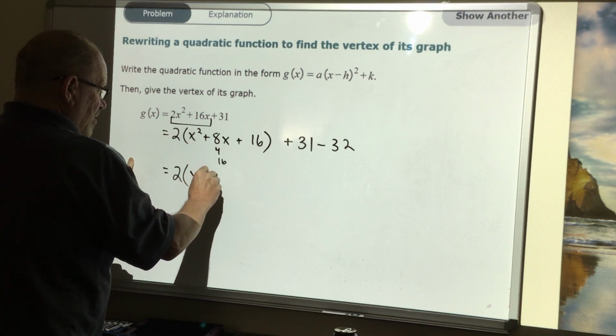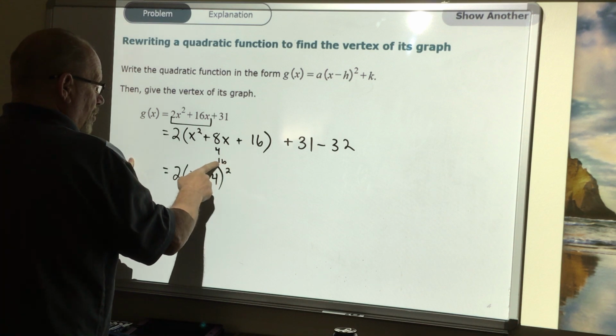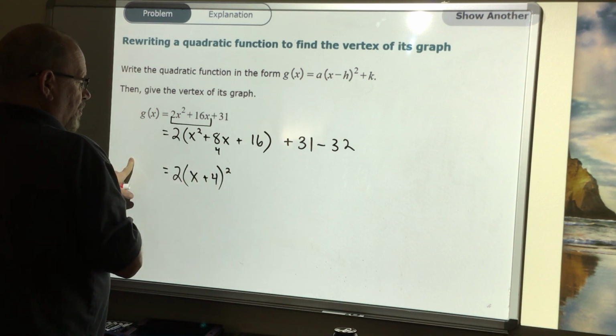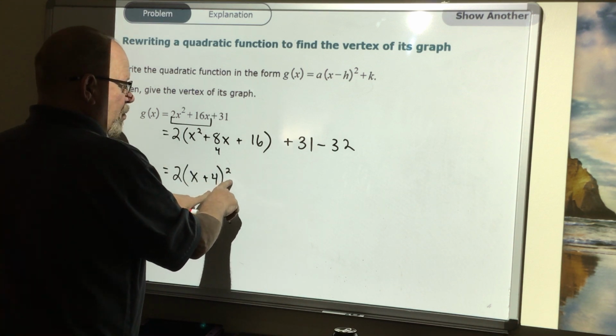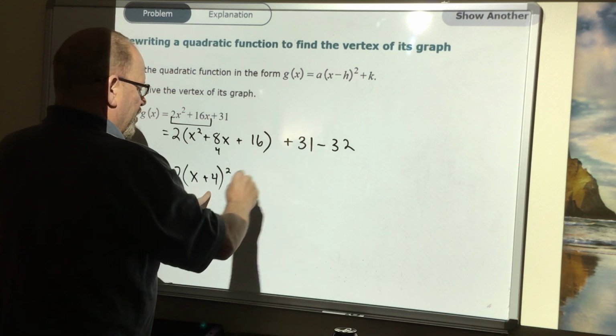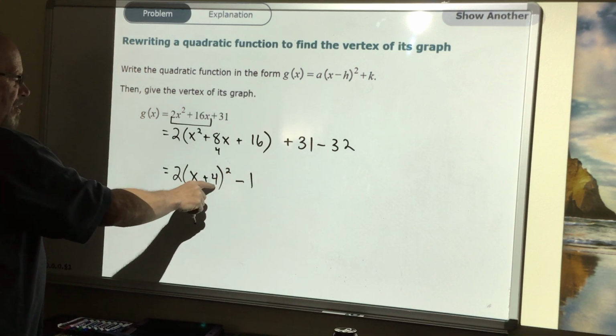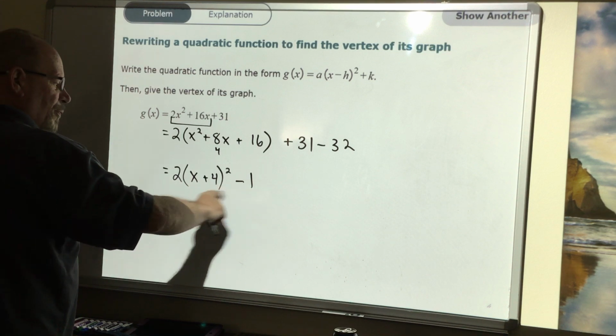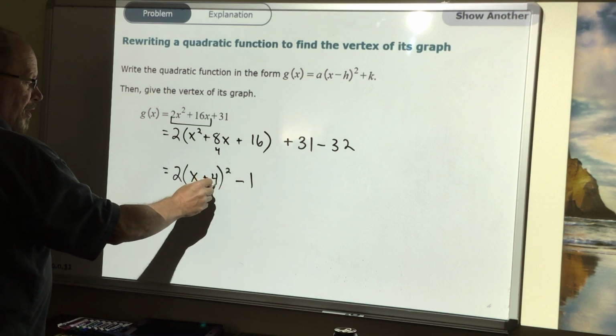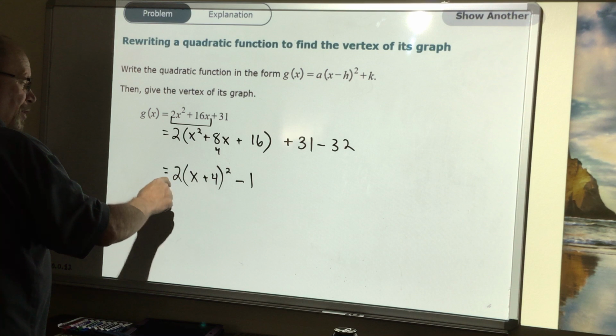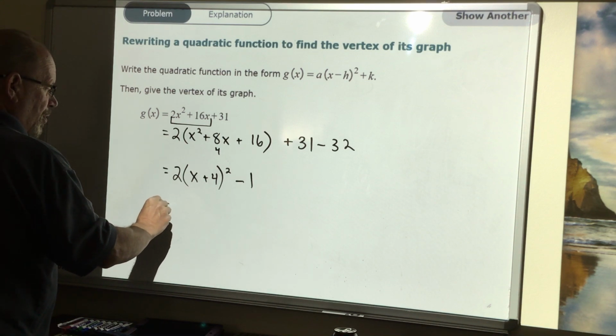Now I write this as a perfect square binomial: 2 times x plus 4 squared minus 1. See, now we can graph this using our transformation. Remember, we go left 4 and down 1 and then stretch it 2.